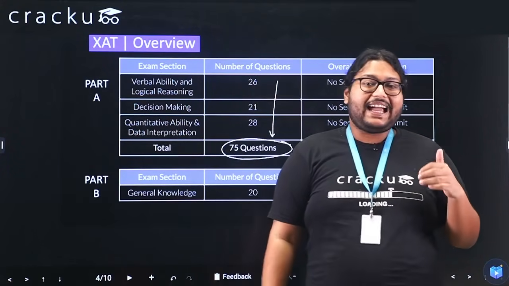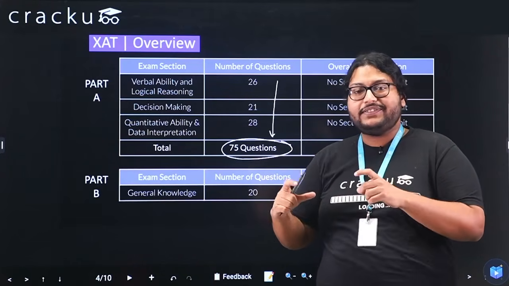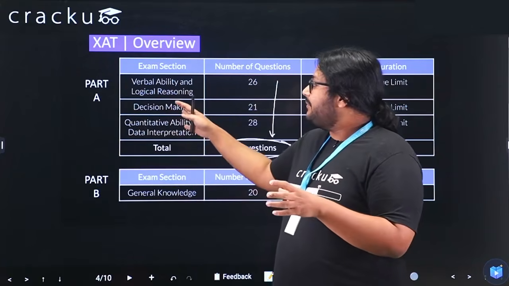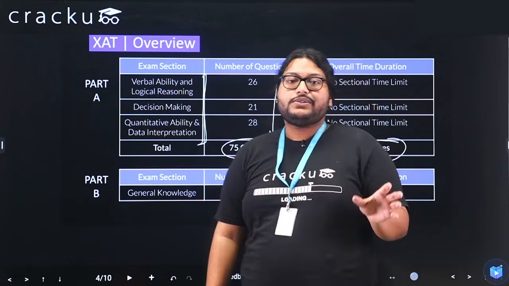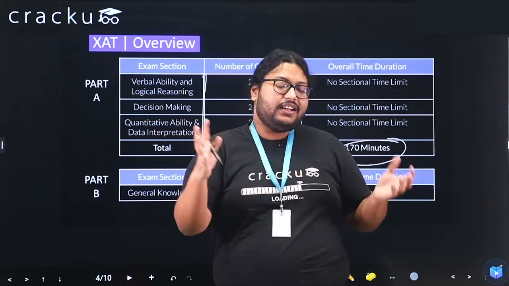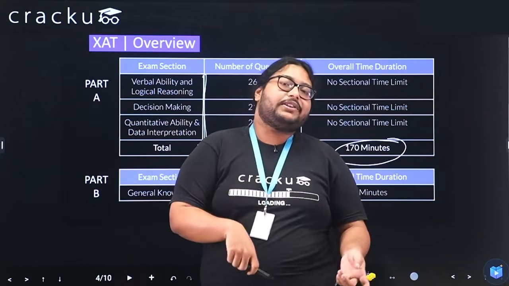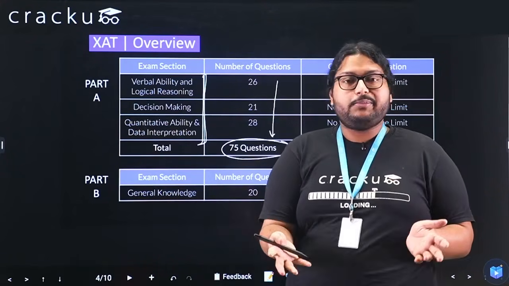In CAT, we do VRC for the first 40 minutes, then LRDI for another 40 minutes, then Quants for another 40 minutes. Here, for these three core sections, there is no time limit. So you can do a little bit of VRC, and if you are bored, move to QA, and then move back to DM. There's freedom to switch or toggle between sections.